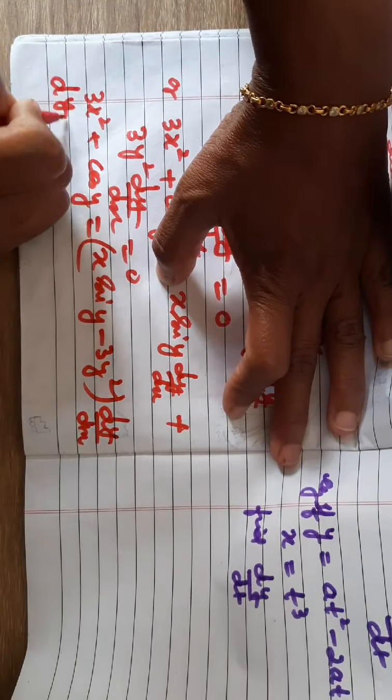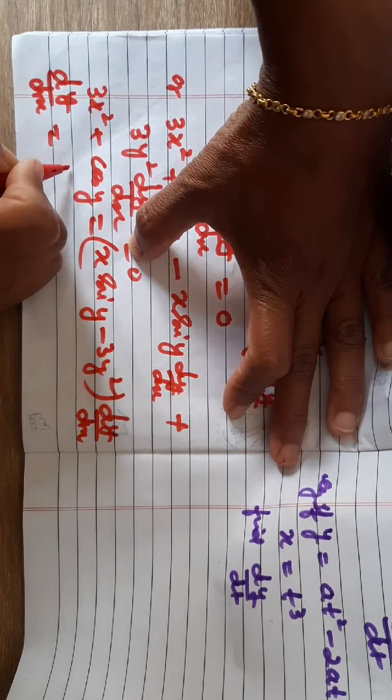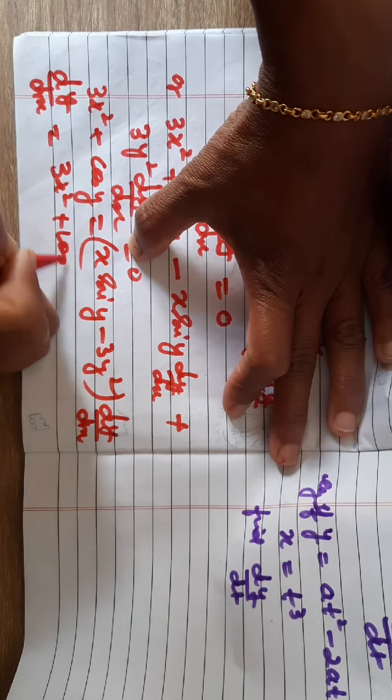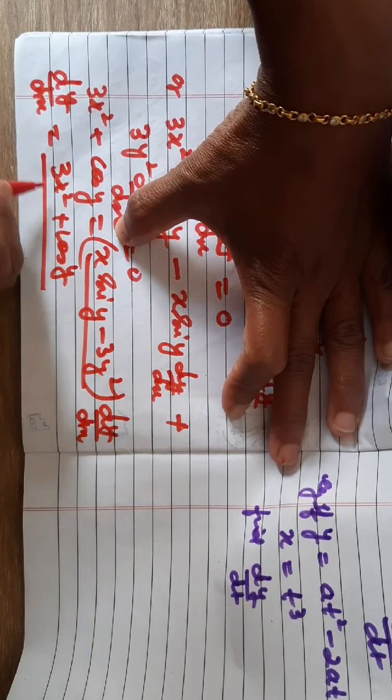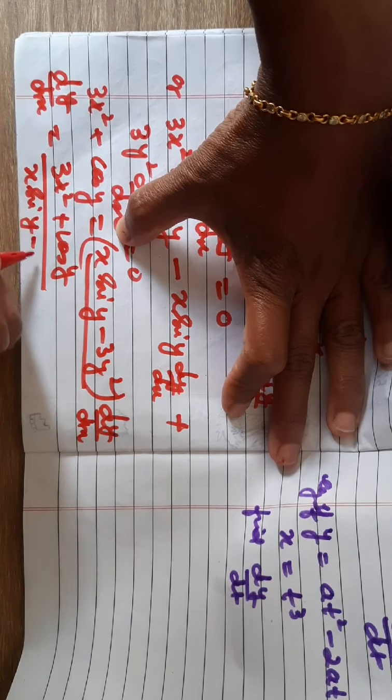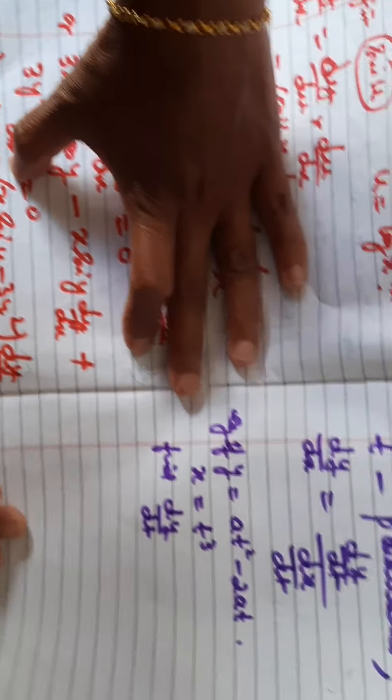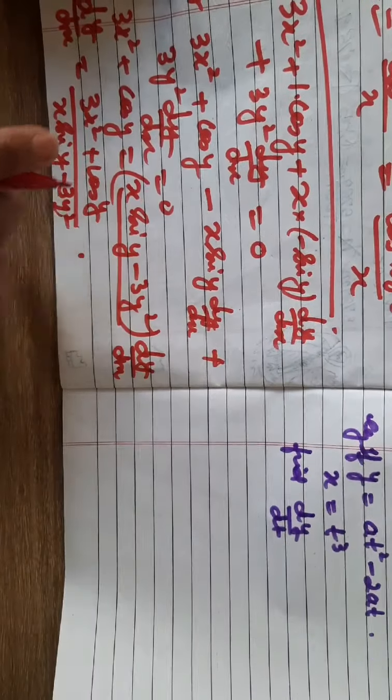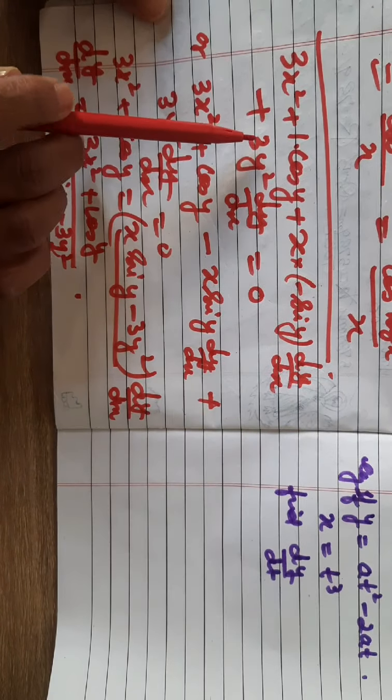So you'll get dy/dx is equal to 3x squared plus cos y divided by this term x sin y minus 3y squared. So this is the method of differentiating an implicit function of y.